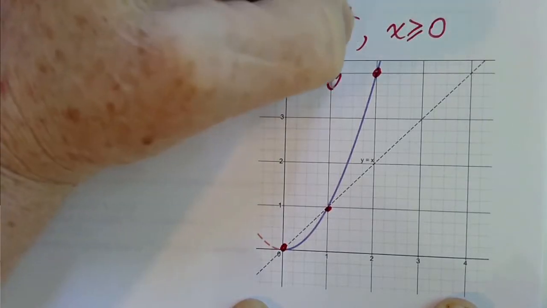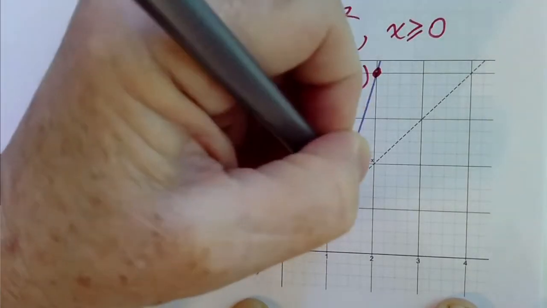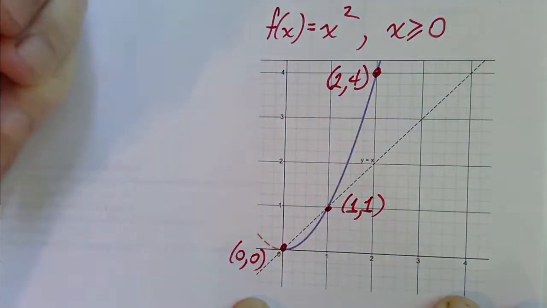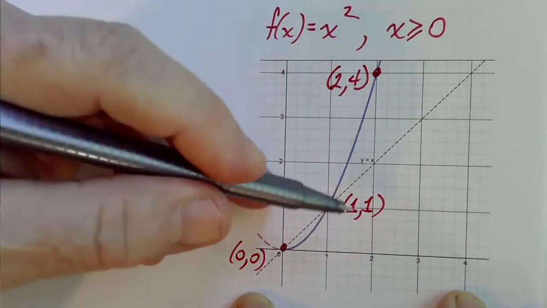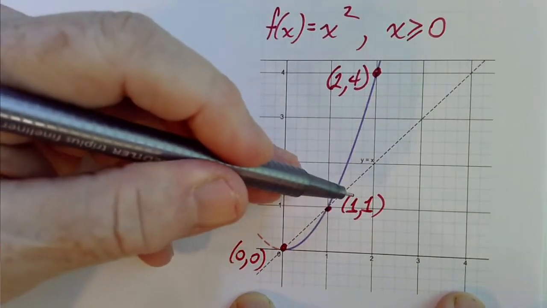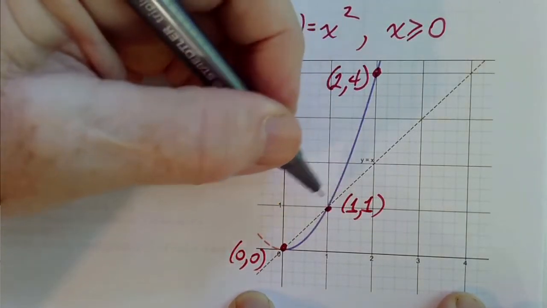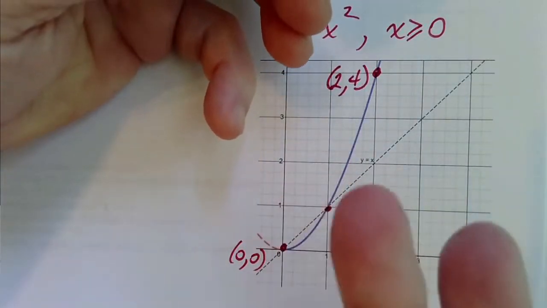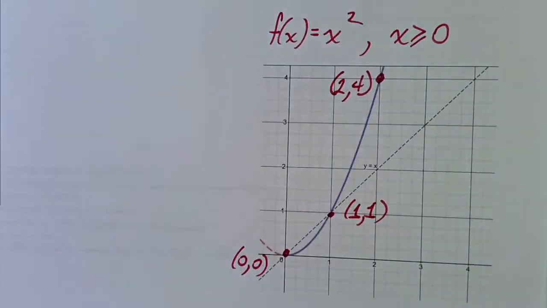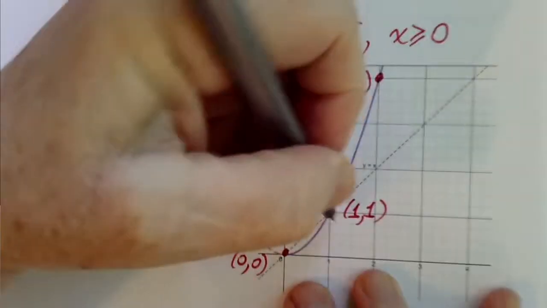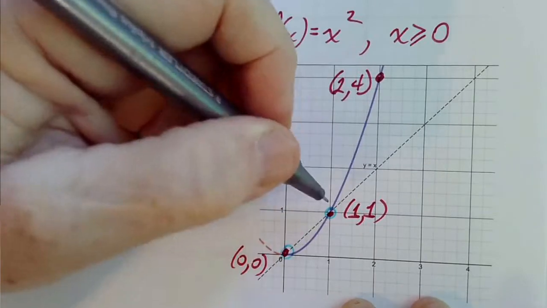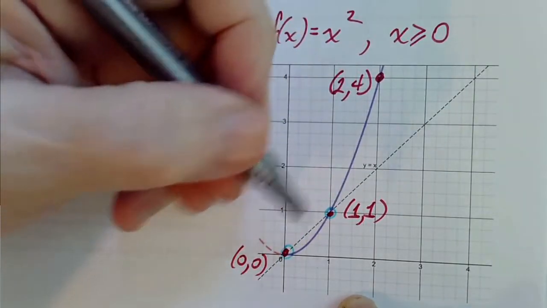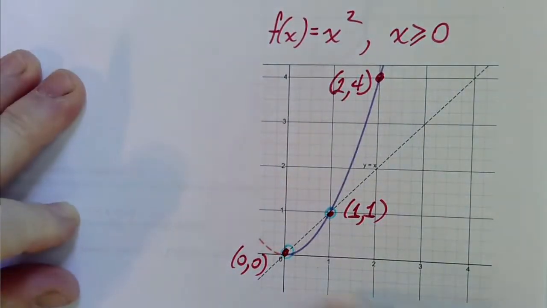Let's see, we've got 2, 4, 1, 1, and 0, 0. Well, the frustrating thing about 0, 0 and 1, 1 is that they're both on this line, y equals x, which means if I flip the order, I'm still on that line. So let's do it carefully. I know that I'm still going to have the point 0, 0, and also the point 1, 1 on my inverse of f of x.